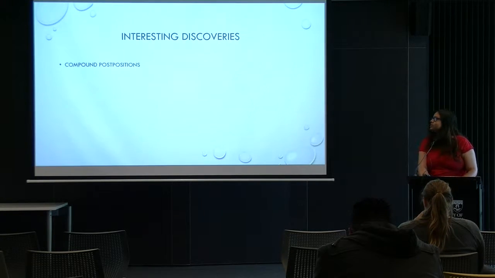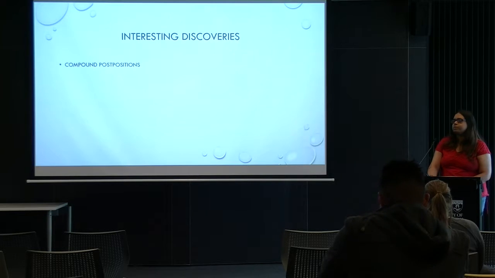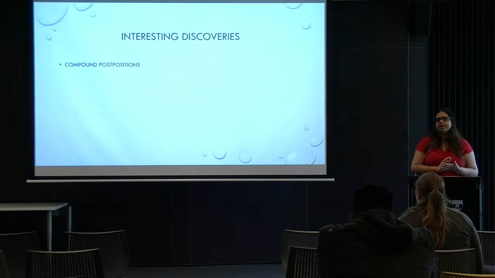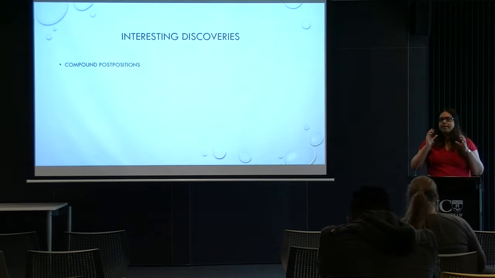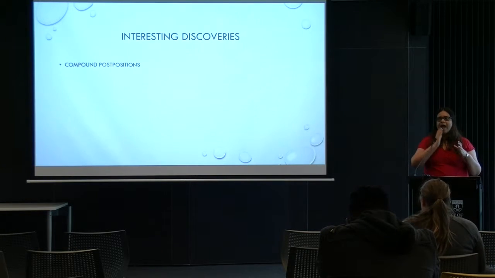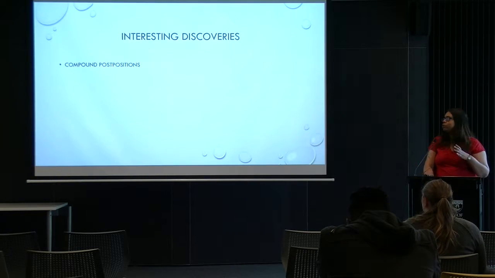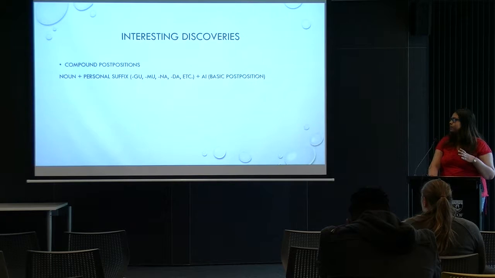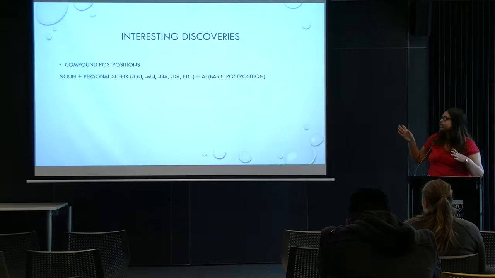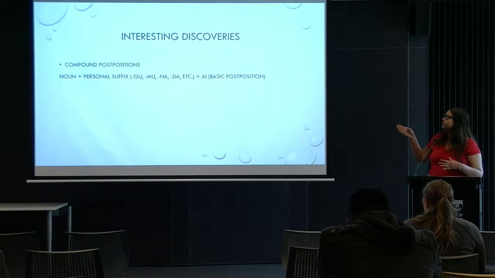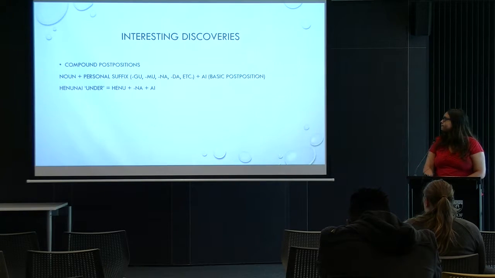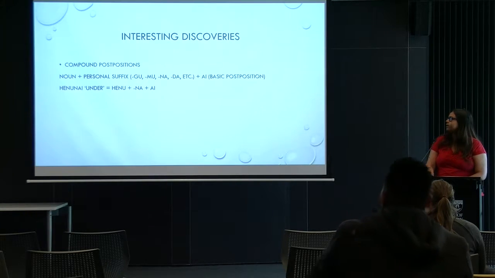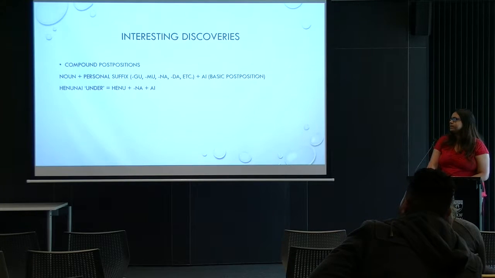The first thing was compound postpositions. Compound postpositions are basically when you have a basic postposition and you add stuff to it. Mostly it works like this, where I is a very basic postposition, and you add stuff like a noun and a personal suffix. A few examples I have put in there. One example is henunai, which means under.